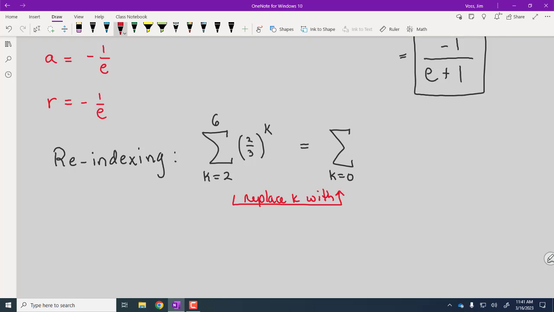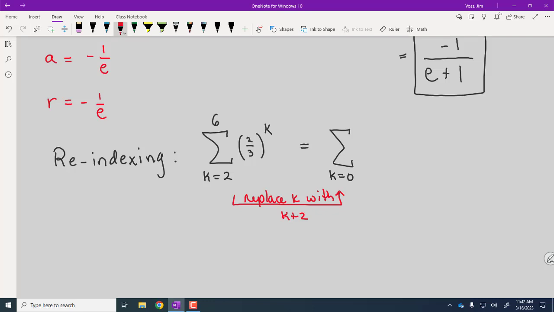Close. If we put in k minus 2 to solve for k, we'd end up with k equals 4. So we'll replace k with k plus 2. If we replace the k with k plus 2, subtract 2, we get k equals 0.